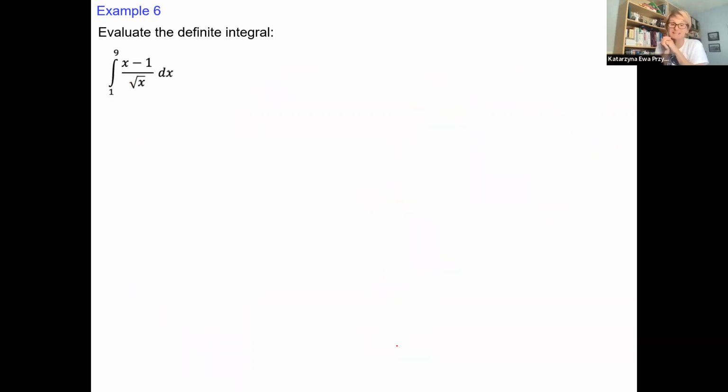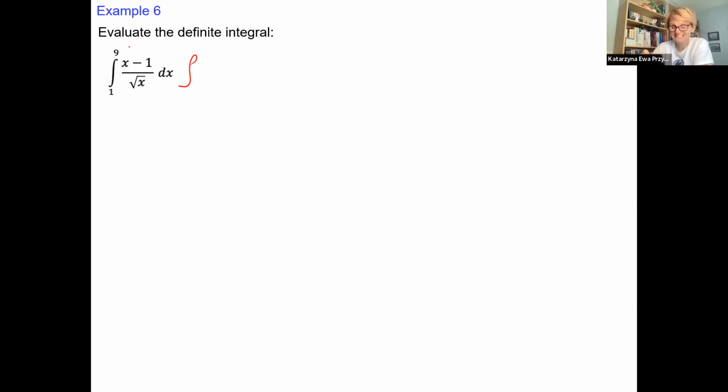Now let's see. Now the similar situation. We see a quotient. Please do not integrate that term and that term. Oh, no. We also need some tools if we would like to deal directly with the quotient. But if we can avoid it, definitely.